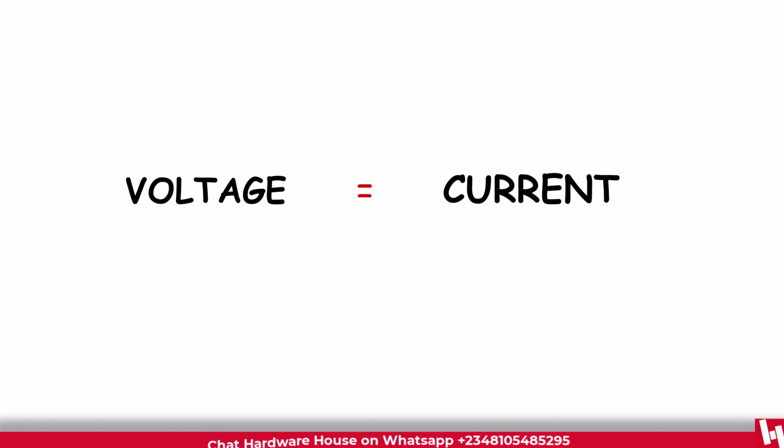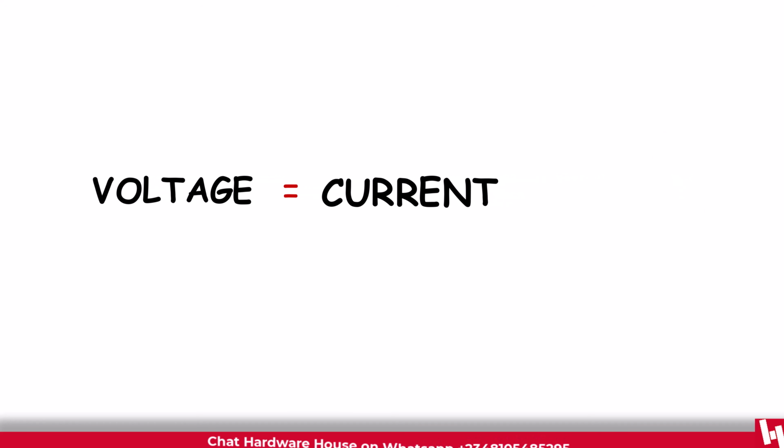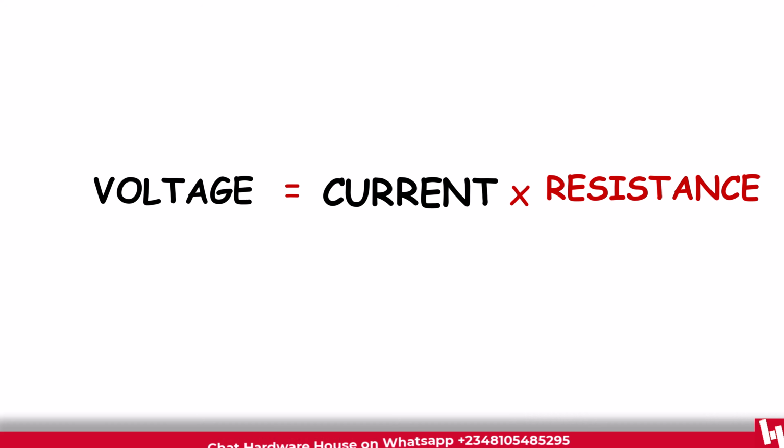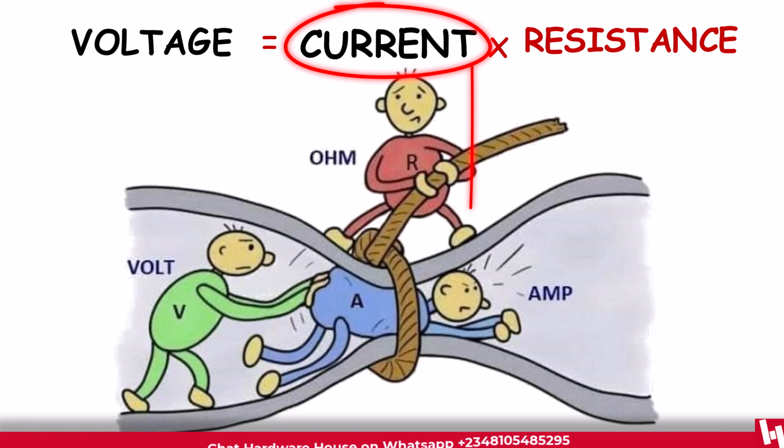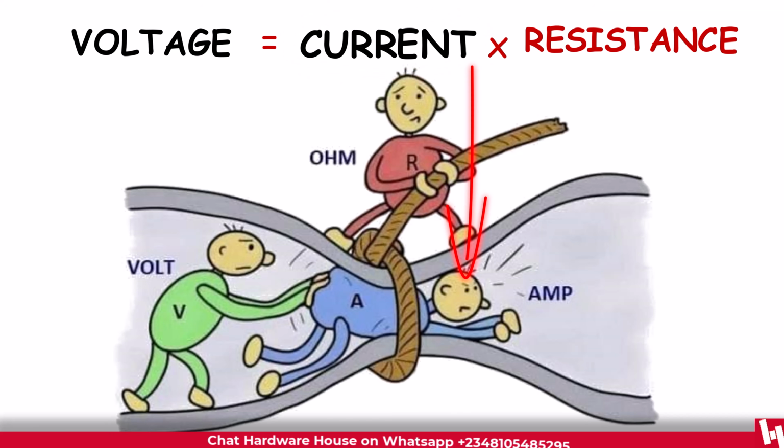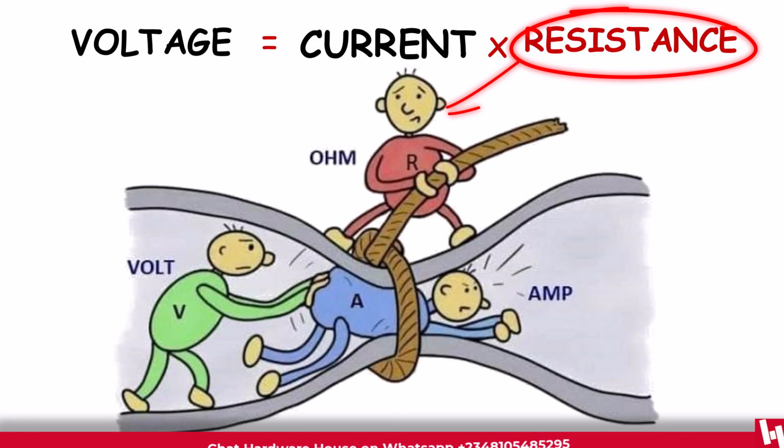In relating voltage to current, there is a constant, and that constant is firmly attached to the current, and that is resistance. So here is what Ohm's law is trying to explain with this. The current in any system, which is the electrical power's ability to carry load, is affected by resistance in inverse proportion, and that resistance is R.